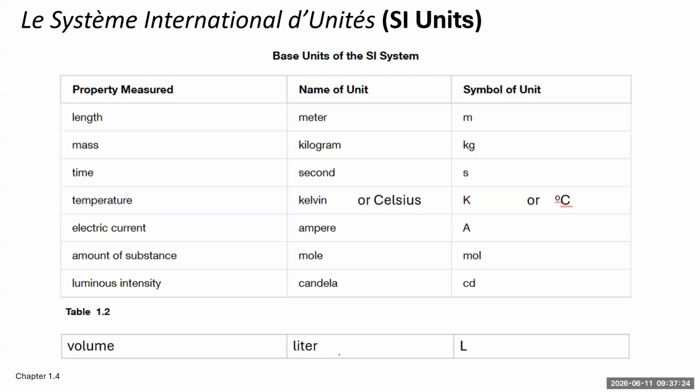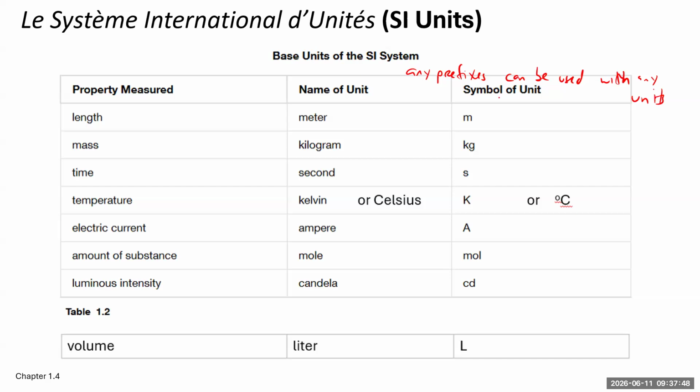Here again, we're just showing the units that we learned last video. And again, any prefixes can be used with units, right?